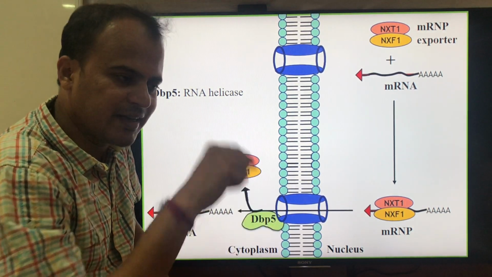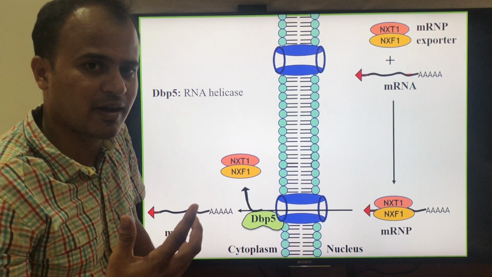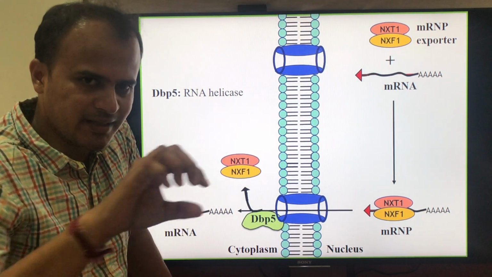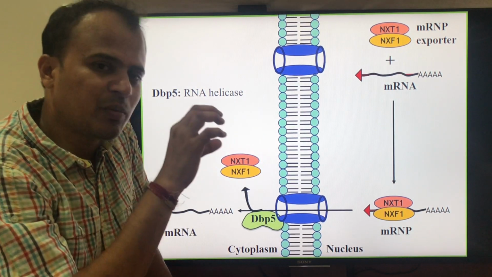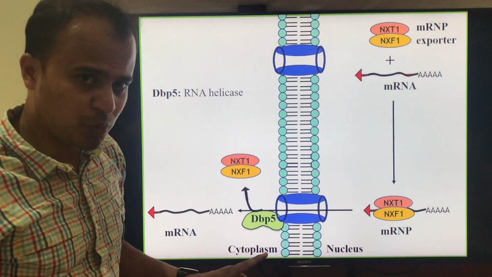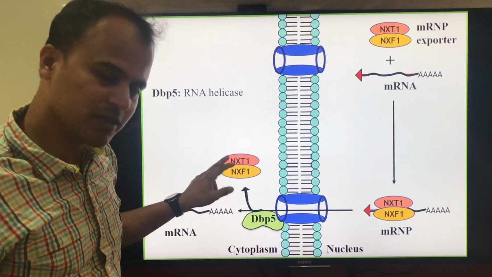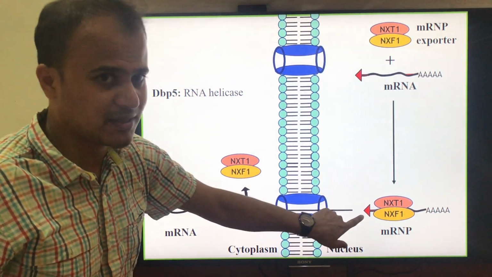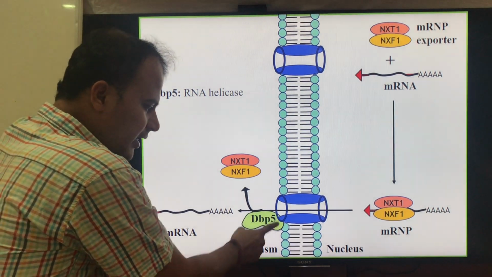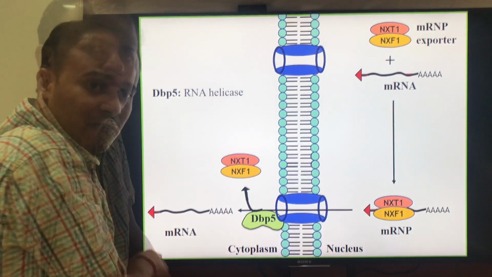You know that secondary structures can be formed in the mRNA or any type of RNA. Through its helicase activity, it removes all the secondary structures. Also, it removes all the proteins present on the mRNA. Among the proteins present, NXT1 and NXF1 are also on the mRNA, assisting in the transportation, as you know. Now, DBP5 removes these proteins.